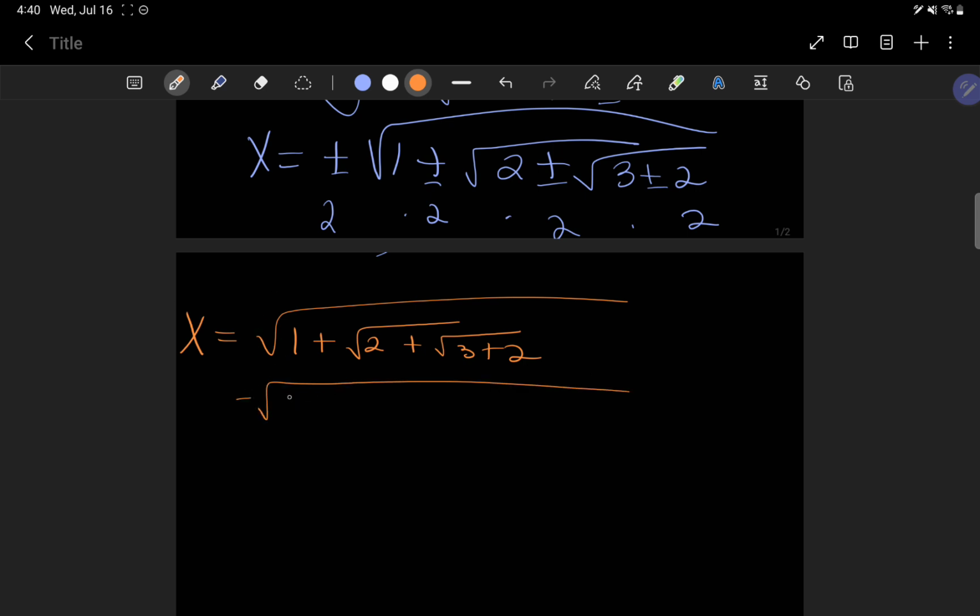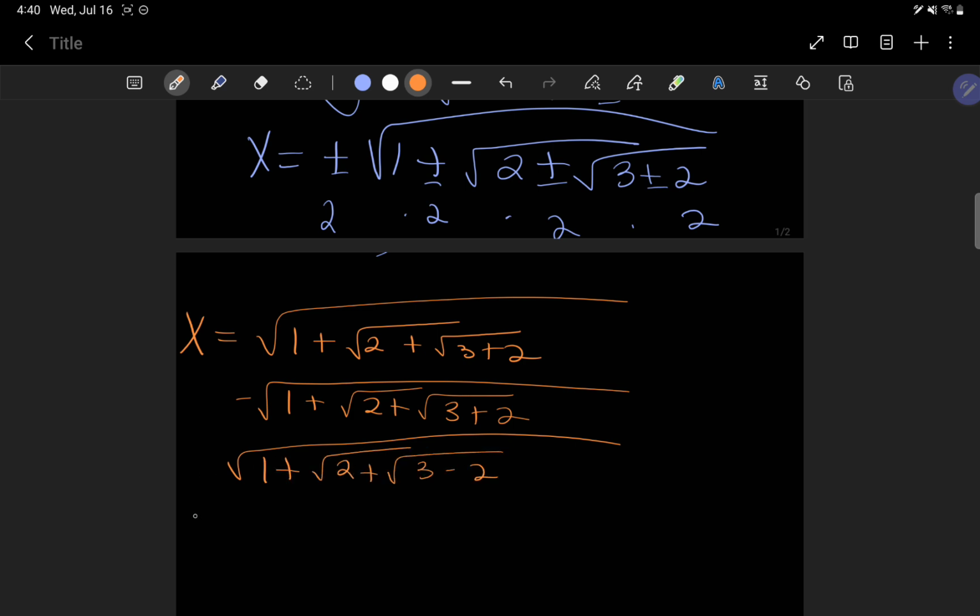Negative, whatever this is going to be. Okay, so I'm going to go back to the original, change that to a minus. And then we have the negative of that.